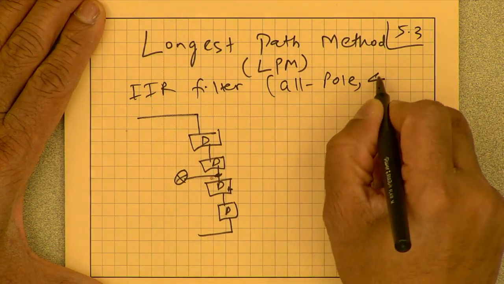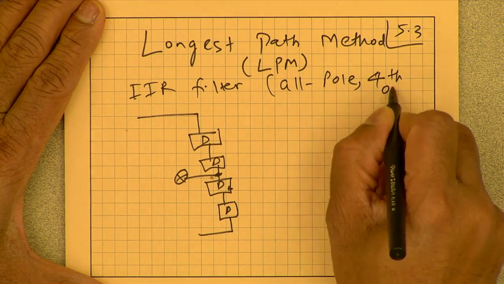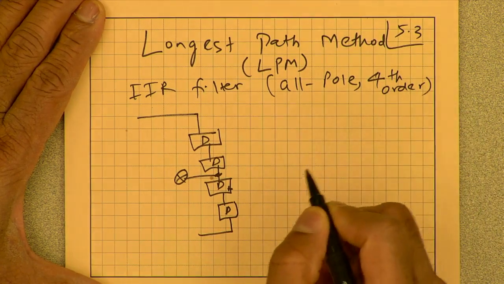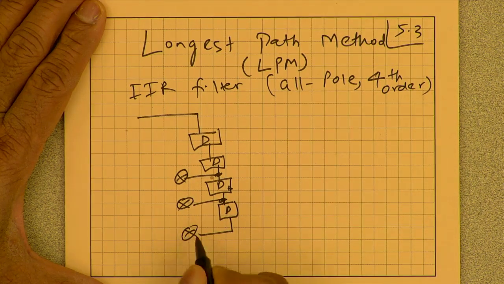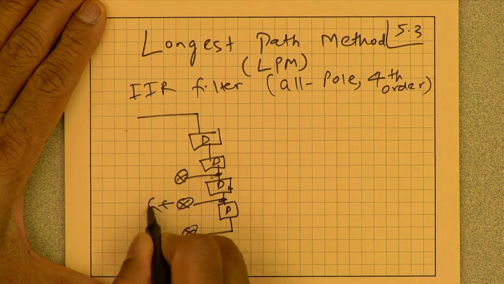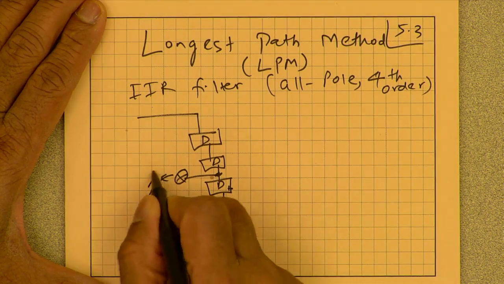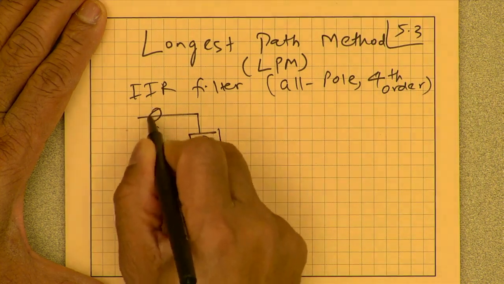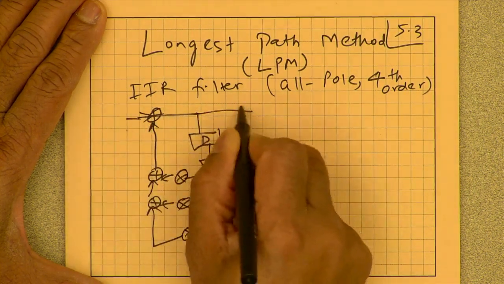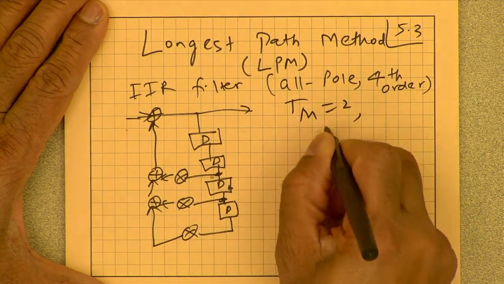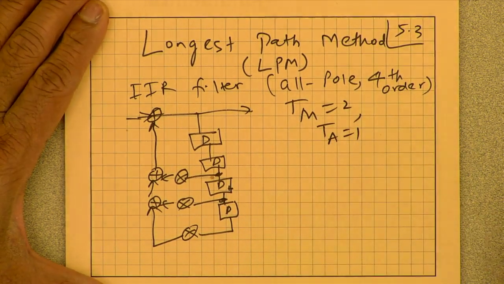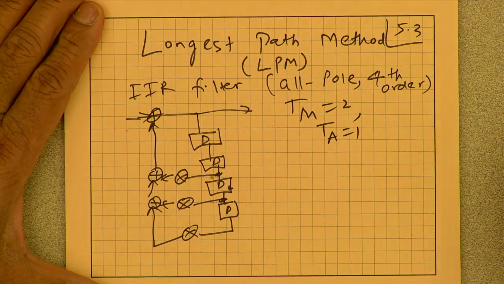There are 4 states, 4 delays, so it's called fourth order. The number of states is the order of the filter. Let's assume that the multiplier takes 2 time units and the adder takes 1 time unit. That's the example from the book.